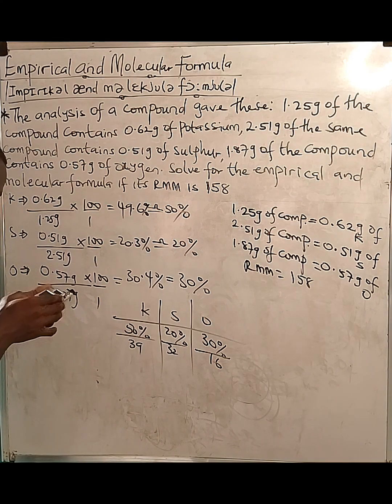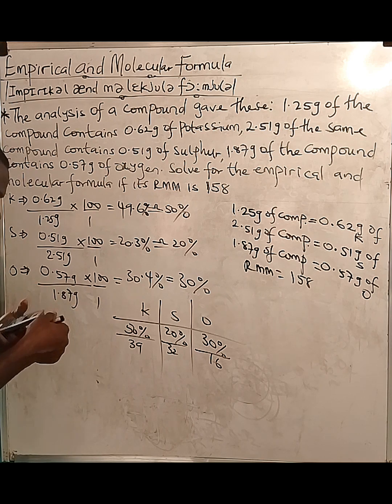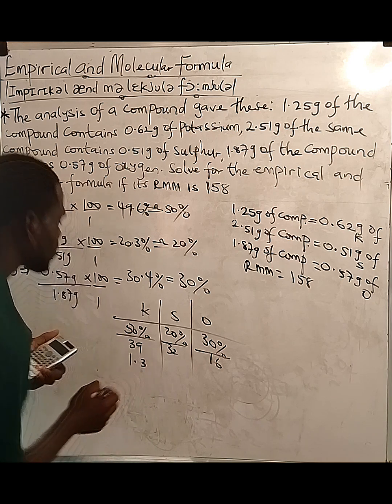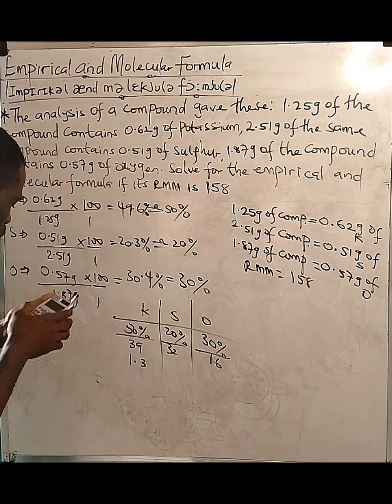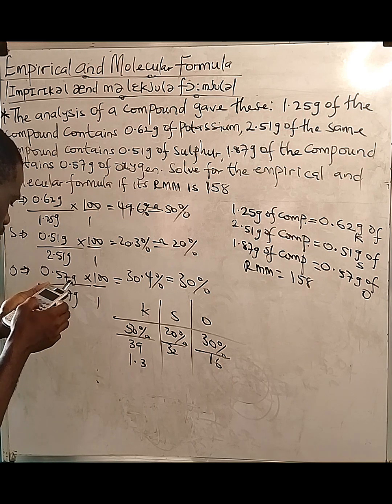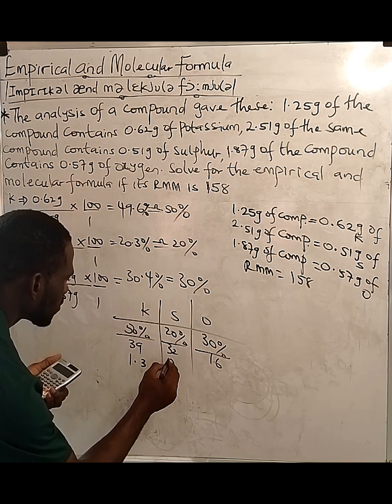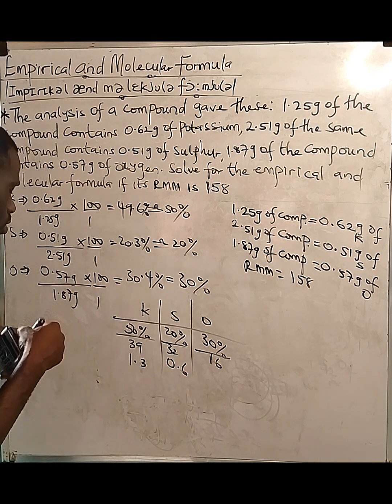So 50 divided by 39 will give us 1.28, let's say 1.3 to 1 decimal place. Then 20 divided by 32 is 0.625, so that's approximately 0.6 to 1 decimal place.